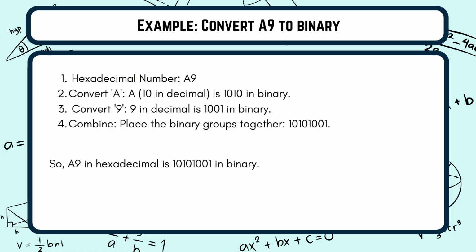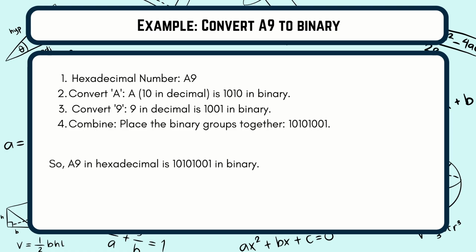That's the value of A. The letter for 10 is A. So when we convert it into binary, it will look like 1010 in binary. So in step 3, convert 9. 9 in decimal is 1001 in binary.